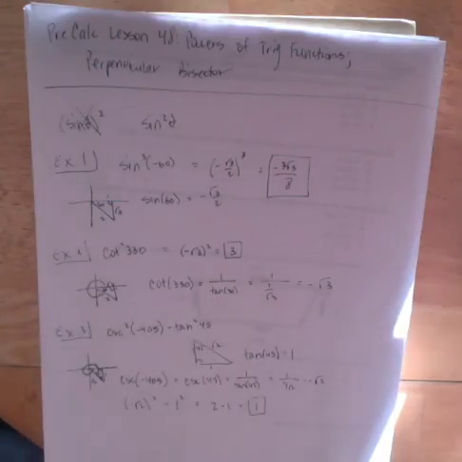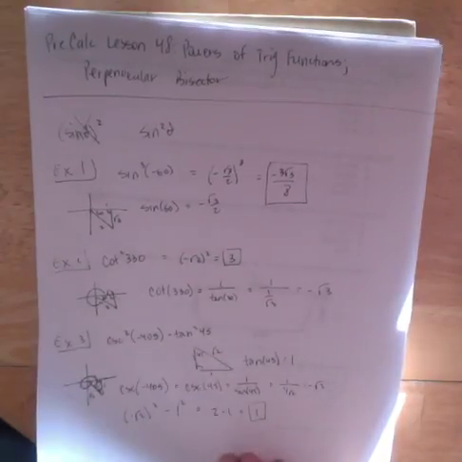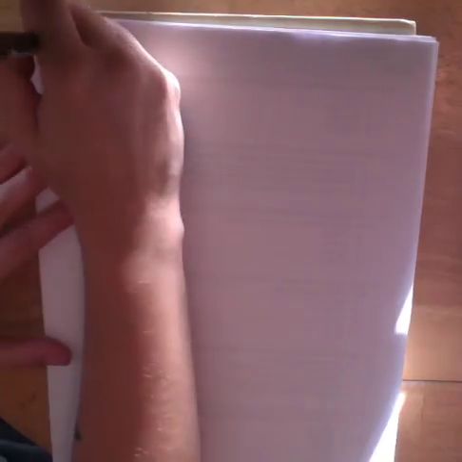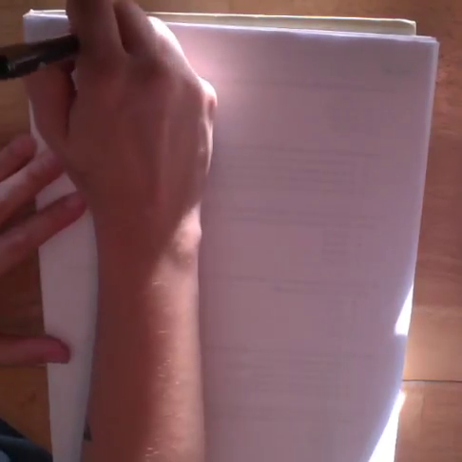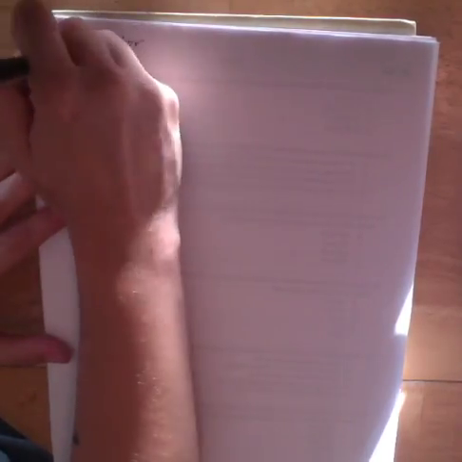All right, now let's talk about perpendicular bisectors. A perpendicular bisector is basically that method we use to find the line equidistant from 2 points.